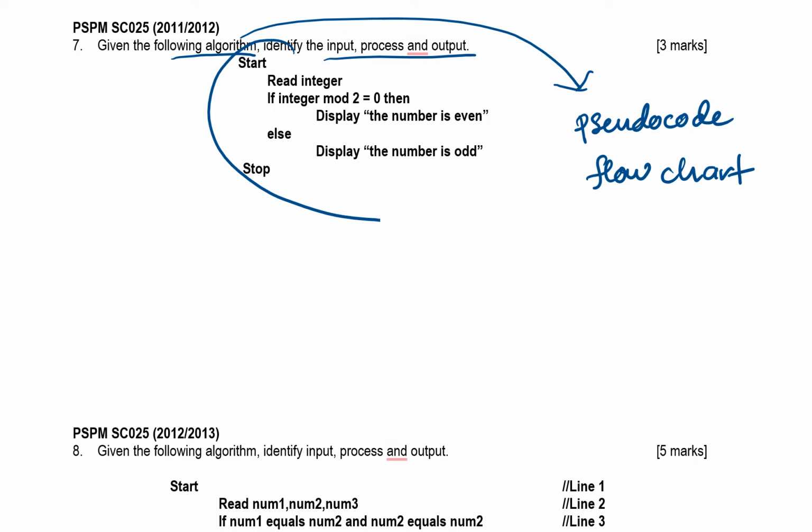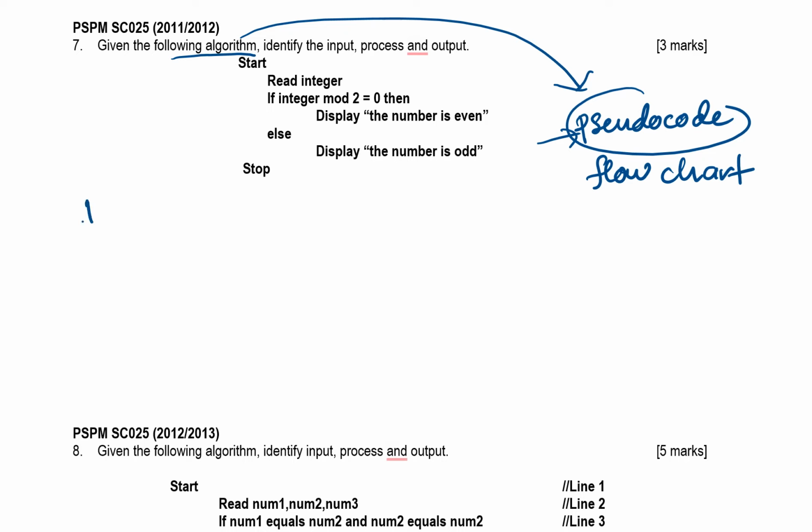Now, this is a pseudocode. From the pseudocode given, you have to identify what is the input, process and output.